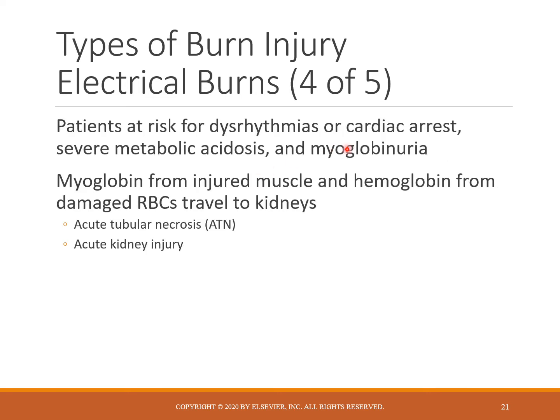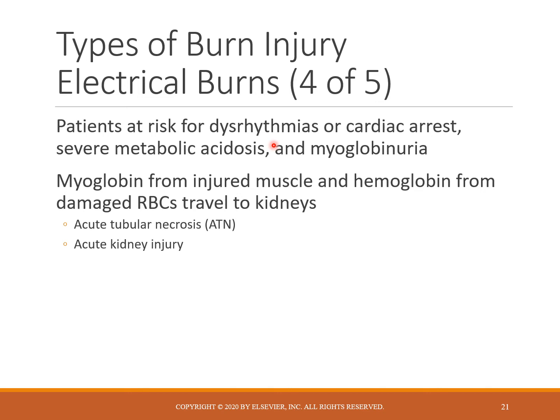Now, when your patient has electrical burns, I mentioned earlier that prognosis might be poor in some of these types of burn injury. And with electrical burns, your patient can have cardiac arrest, they can have dysrhythmias, because just imagine being electrocuted, right? With that, it can also cause severe metabolic acidosis. And this is not good because this also tells you that the kidney function is failing.